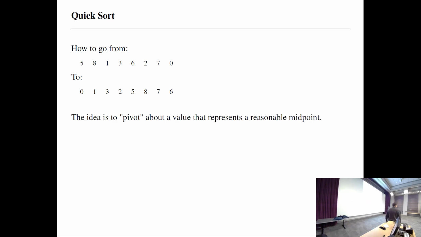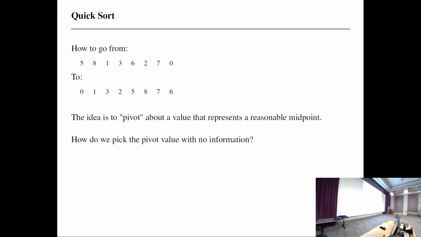So the idea is I'm going to pick a value that seems to represent a reasonable middle value. So I have this list, 100 elements. I'm going to take a pivot value, say of 50, and I'm going to scan the list, modifying the list so that elements below 50 end up on the left side and elements above 50 appear on the right side. And that partitioning algorithm is called a pivoting algorithm because I'm pivoting about that middle value.